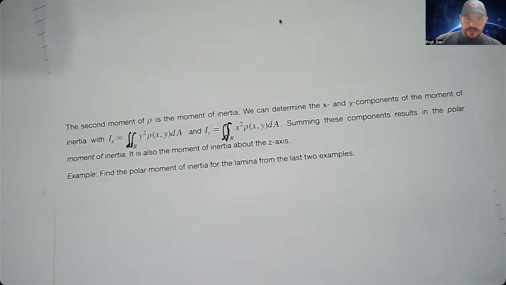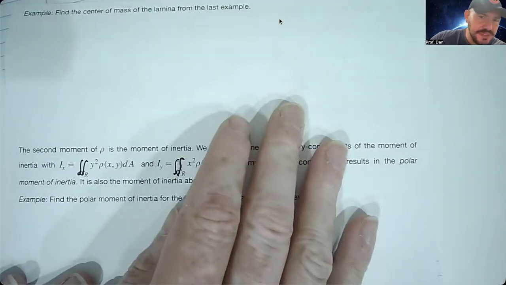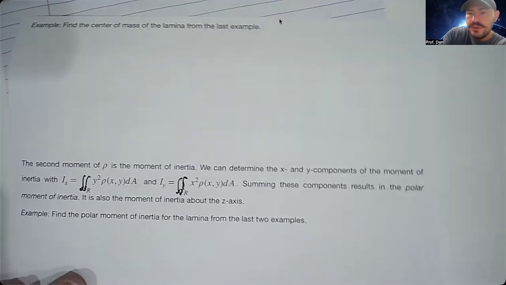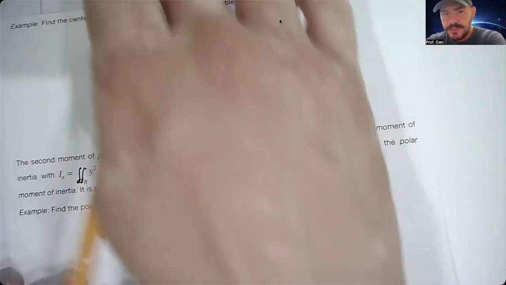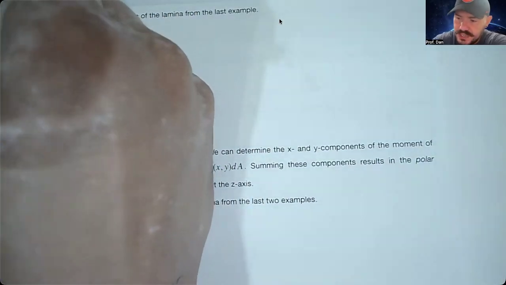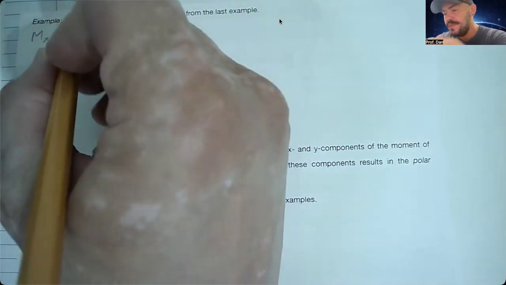Let's look at an example with that. So we want to find the center of mass of the lamina from the last example. So again, our center of mass is going to give us an x coordinate and a y coordinate. So we are going to have to find the x and y components of the first moment separately.